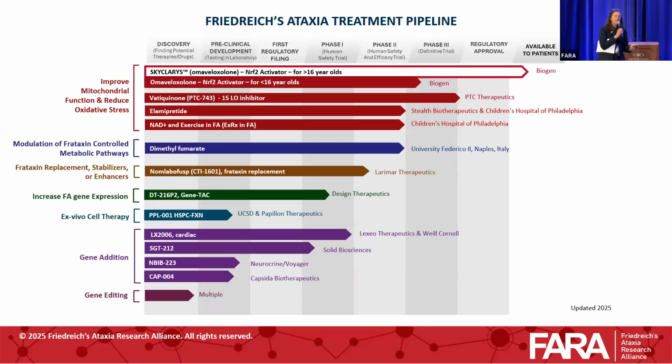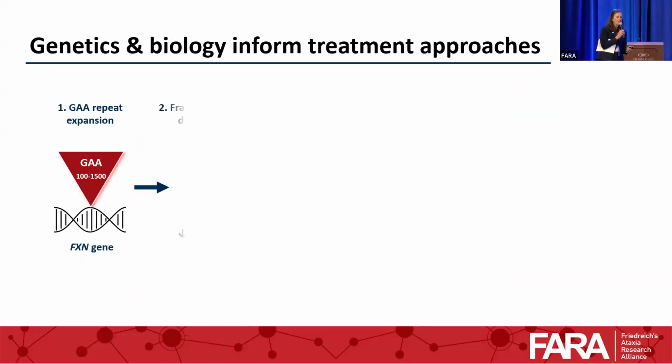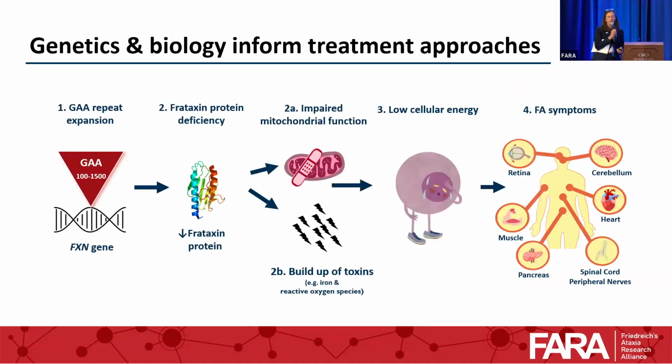When you look down the left side of this chart, we're talking about different ways in which we are trying to approach therapies. If we start at the bottom, working our way up, we're starting with the gene itself that causes FA and the mutation. And then going towards the middle, we're focused on things like the protein, and then the mitochondria, and even symptoms.